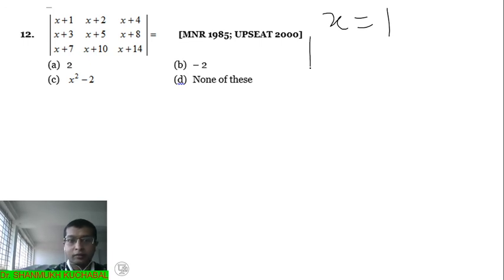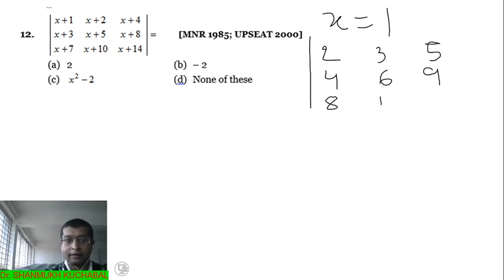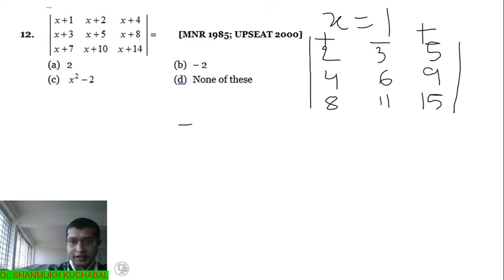If I take x equal to 1, we get 2, 3, 5, and 4, 6, 9, and 8, 11, 15 here, right? Further, I assign plus minus plus, we expand it: outside 15 into 6.